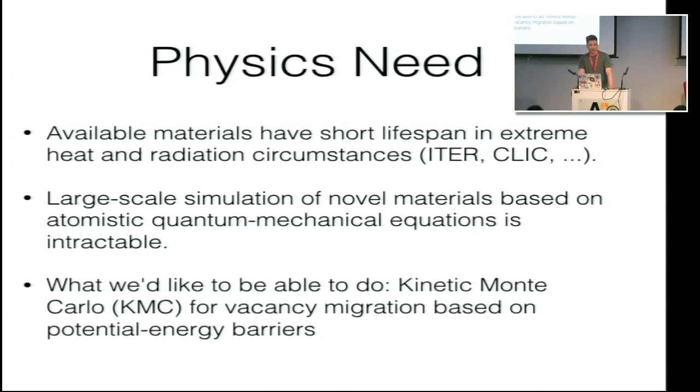And the problem there is that even though the quantum mechanical basis for the behavior of the materials and the interaction of the atoms in the materials is apparently well known, that's what I've been told, they are quite heavy computationally to simulate.